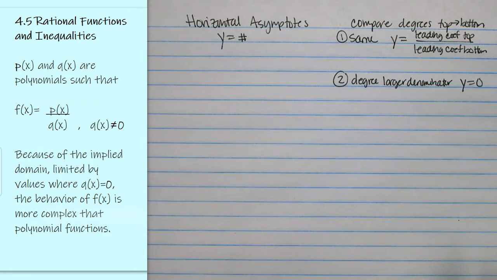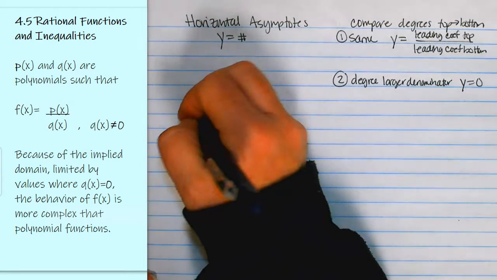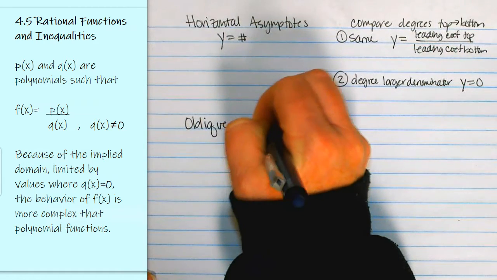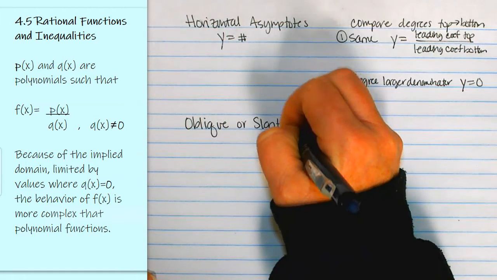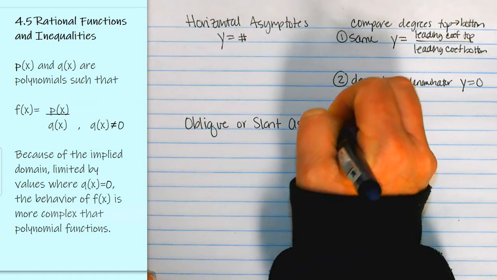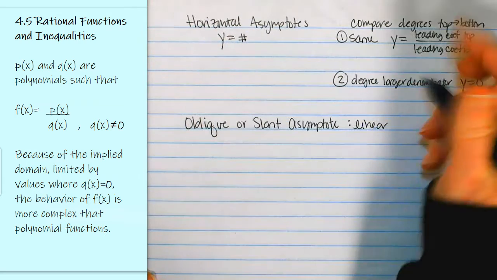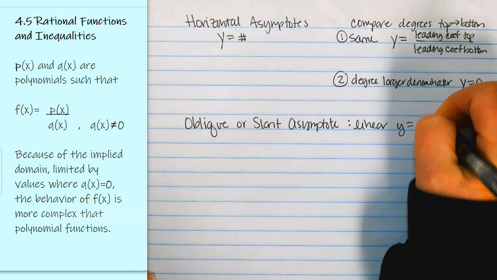So horizontal asymptotes have these 2 characteristics. Now there's one more, and this is how I started the lesson with what we're going to talk about today. I talked about end behavior that's a little bit interesting. So we have one more that we're actually going to figure out today, and that's called an oblique or a slant asymptote. You'll see them written both ways. And this is a linear asymptote that's not horizontal. So it's going to be in the form y equals mx plus b.